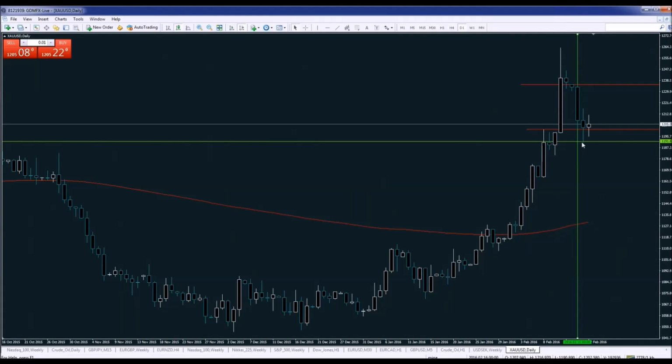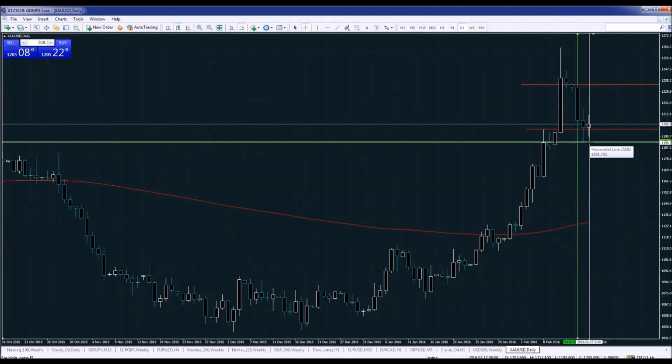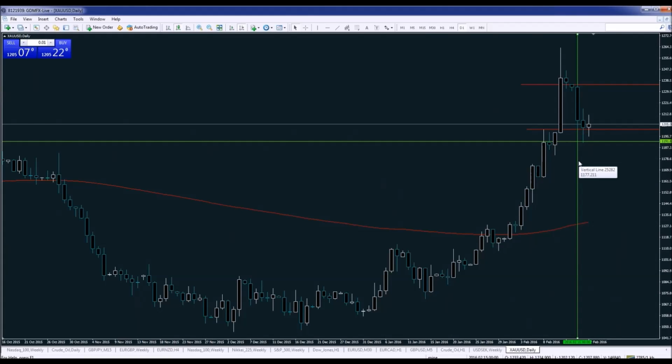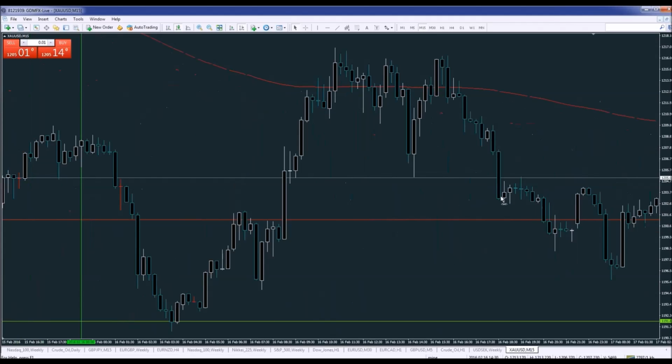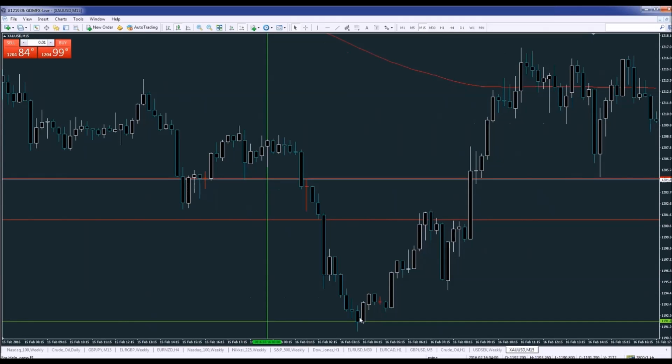As you can see, the shadow goes very close to the 1190 area, but sometimes it stops even higher.